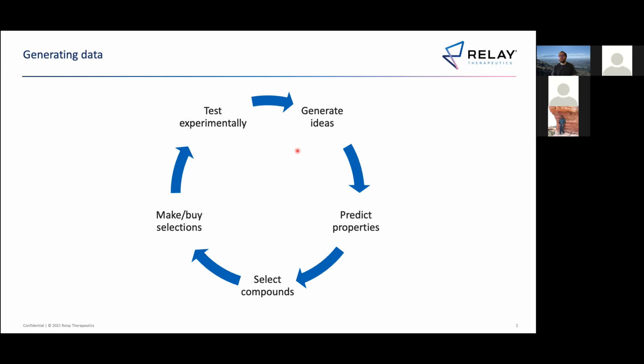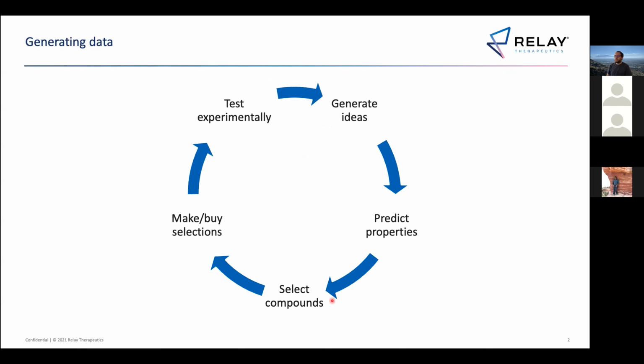My goal is to talk for about 20 minutes to go through some of these ideas and then talk a little bit about some of the work we've done applying these ideas, particularly around machine learning for DNA encoded library selections, and then leave plenty of time for questions and conversation, because I think it's important that we all get on the same page in terms of the nuances around generating data in this field.